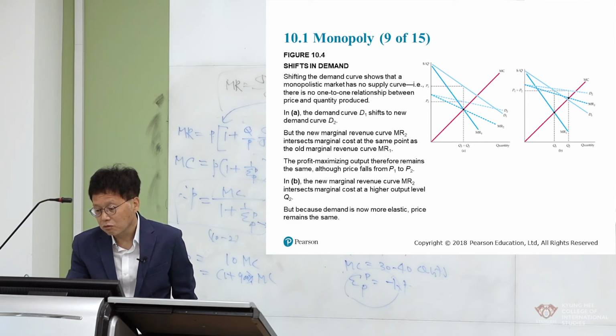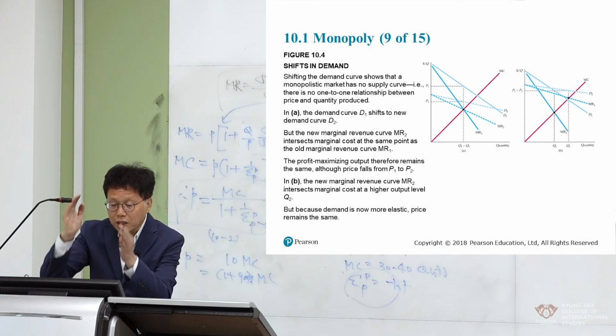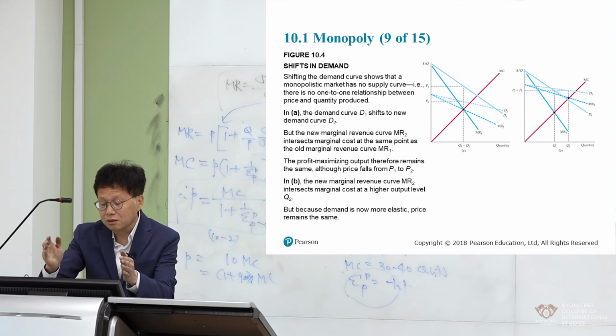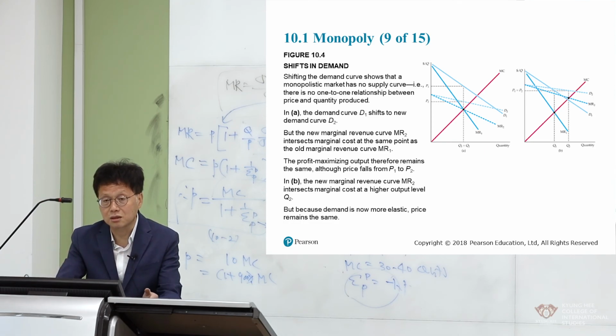D1 MR1, D2 MR2, so MR2 is equal to marginal cost. So quantity is the same, but price falls from P1 to P2. So output is the same, only price changes when demand decreases in this example.